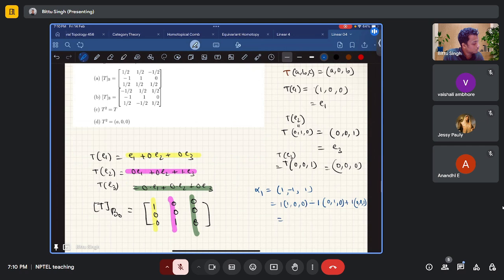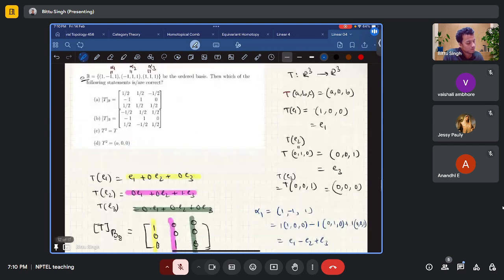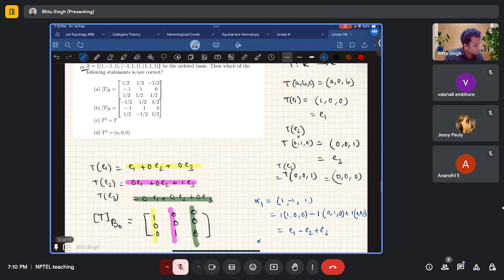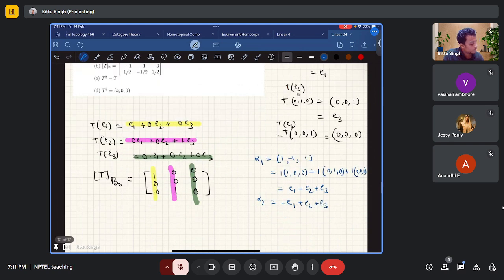So it is actually e1 minus e2 plus e3. Similarly, we can write the others also. Alpha 2 is the same as minus e1, minus sign in the first coordinate, then plus e2 plus e3. Similarly, alpha 3, which is (1, 1, 1), is the same as e1 plus e2 plus e3.